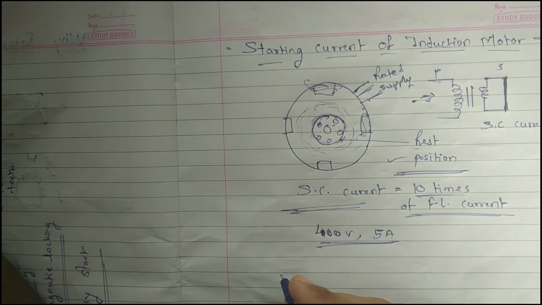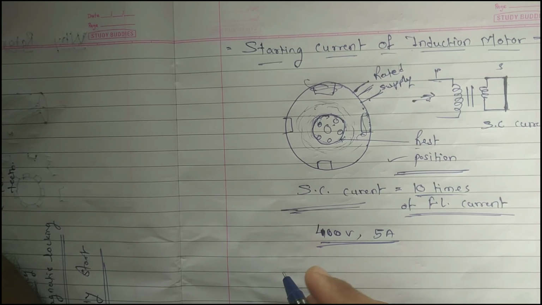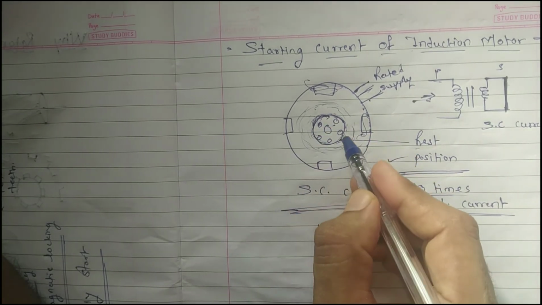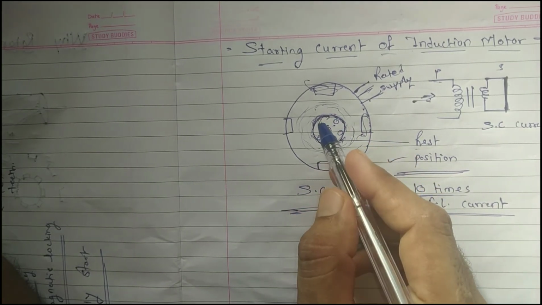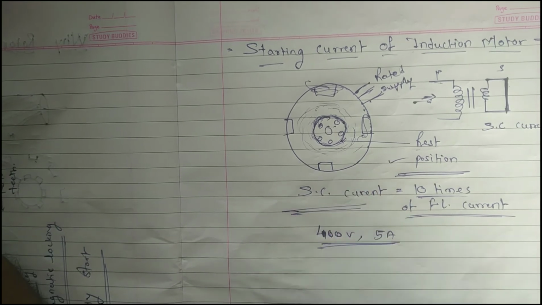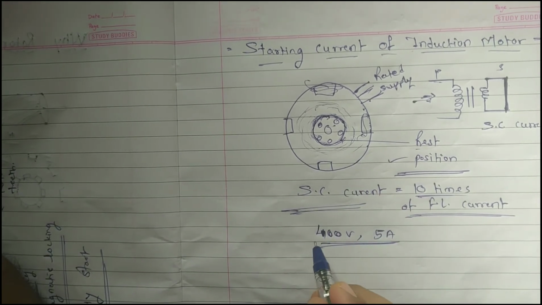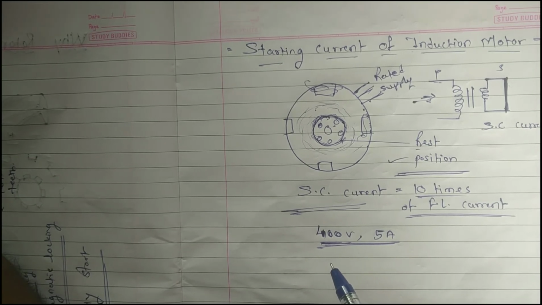Now try to understand here. At the start, your rotor circuit is at a stop. It means it is a short circuit condition, and I am applying the full voltage at the stator.